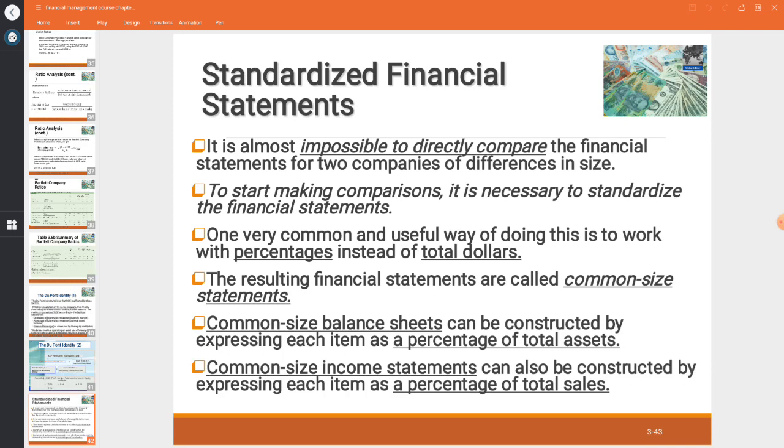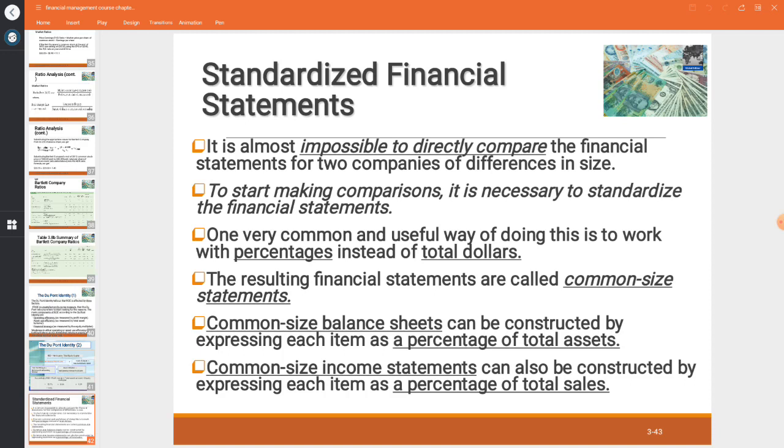It is determined by taking each item in your balance sheet and expressing it as a percentage of total assets. This is considered a common size balance sheet.